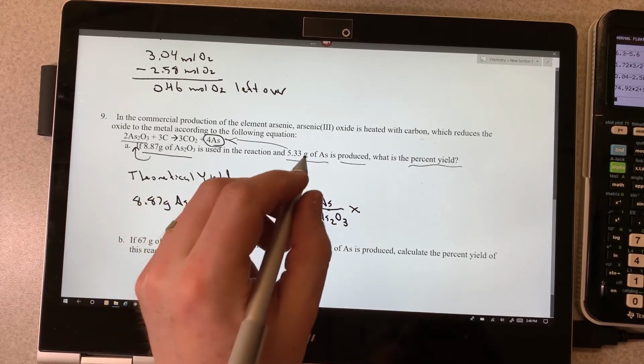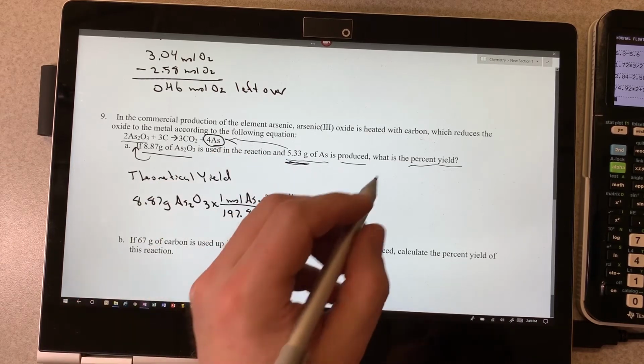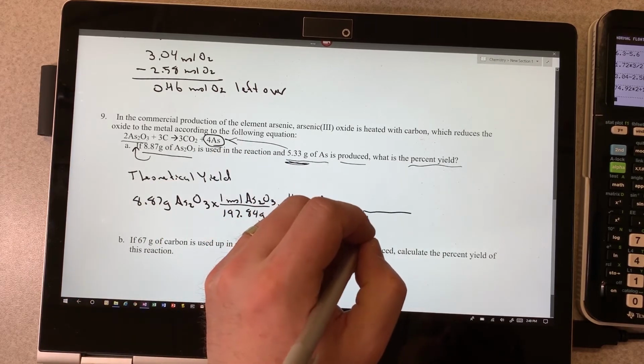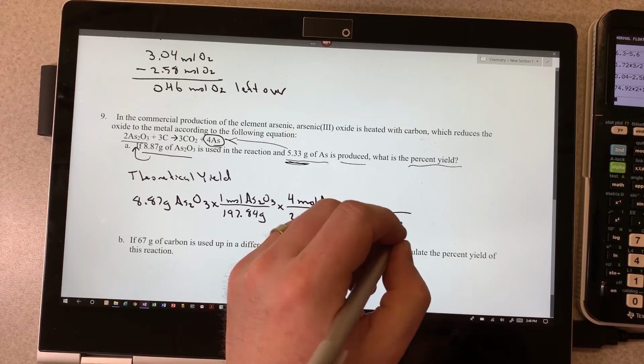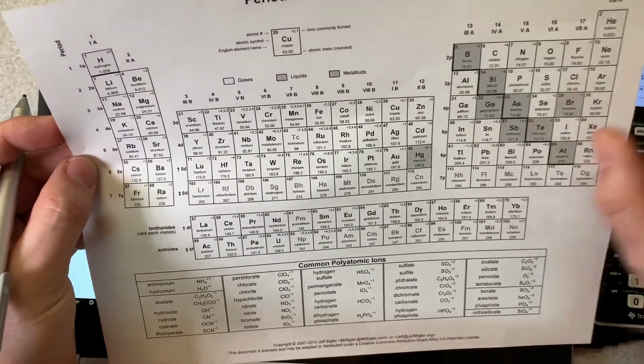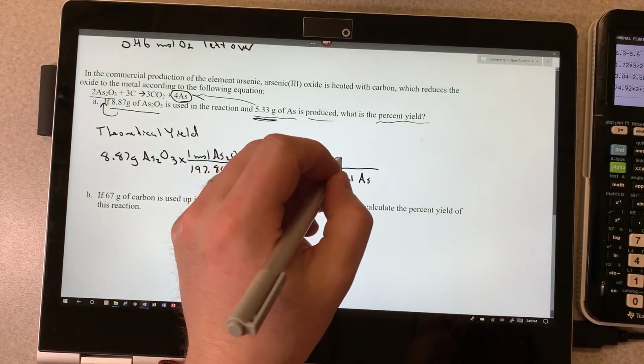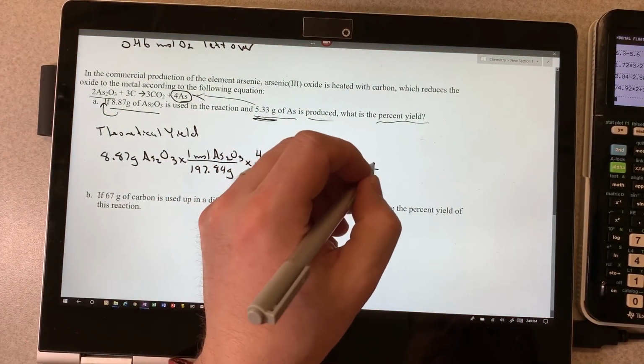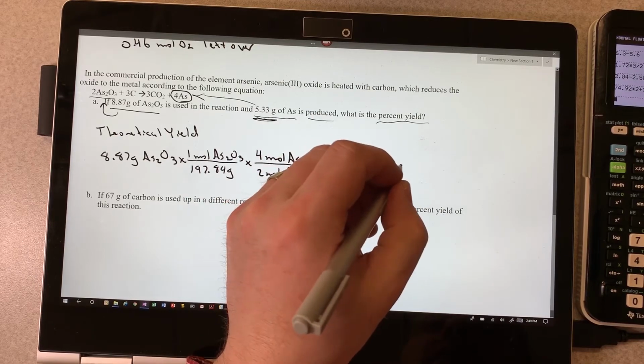I need to convert that to grams so I can compare it. So let's find out what the molar mass is. 1 mole of arsenic, we saw that on our periodic table, is 74.92 grams of arsenic.